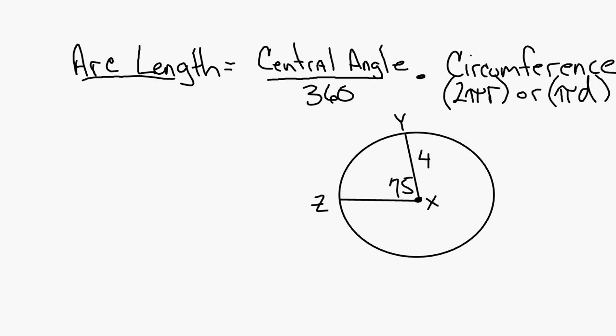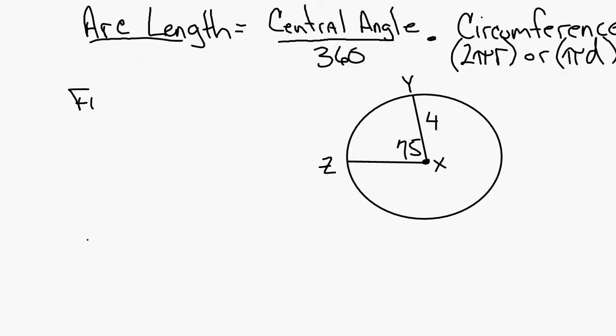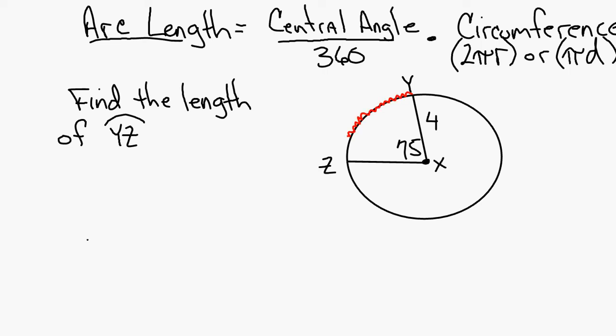You're asked to find the length, different from measure of, of arc YZ. You're looking for the length of this. Measure of is where there's the lowercase cursive m in front of the arc. This says find the length of the arc.